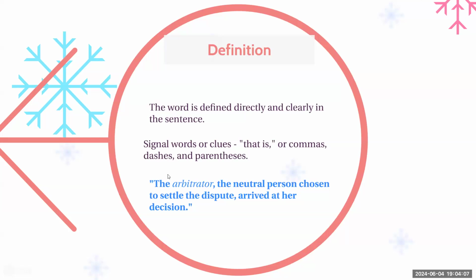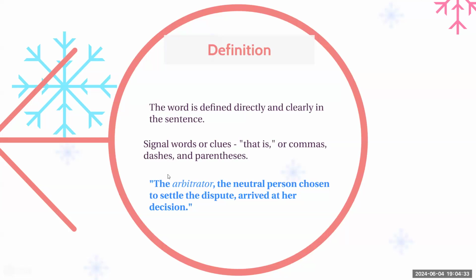Okay? So the meaning is already in the sentence. And you can usually tell that because it's usually followed by that is for the definition, or two commas. So a comma, the meaning, and then another comma, which is what we'll see here. Or you have parentheses, okay?